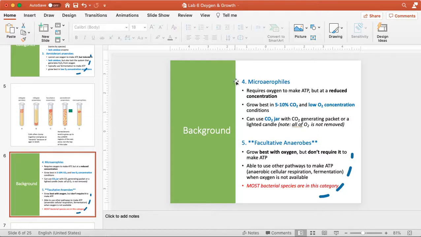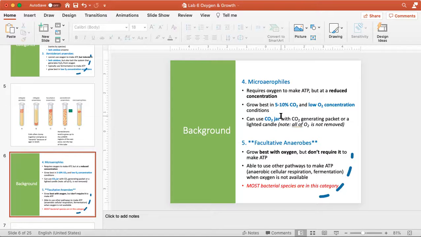So if you want to grow a microaerophile in the laboratory, it's a little hard. You've got to reduce the oxygen that they're getting exposed to, and you've got to increase the carbon dioxide. It's not easy. There is a device we use, though, called a CO2 jar. A CO2 jar has a very tightly fitting lid.